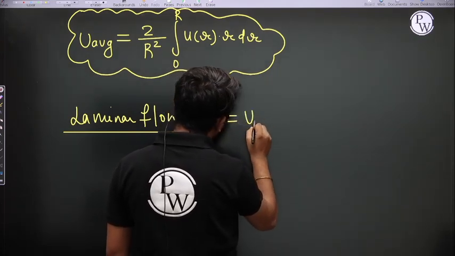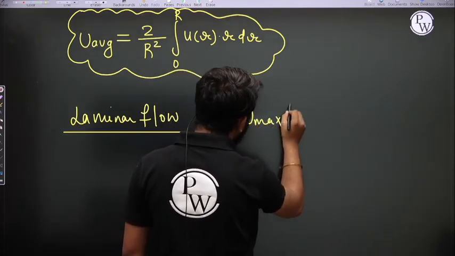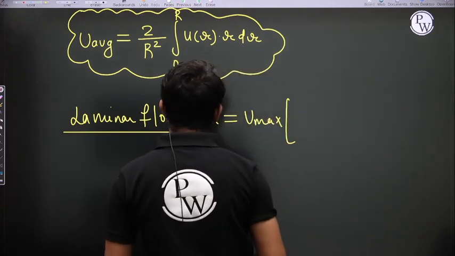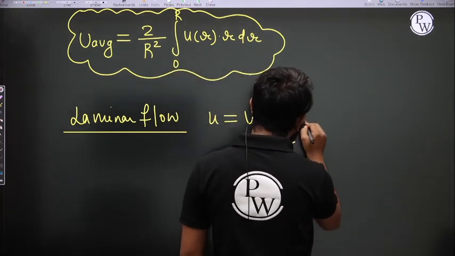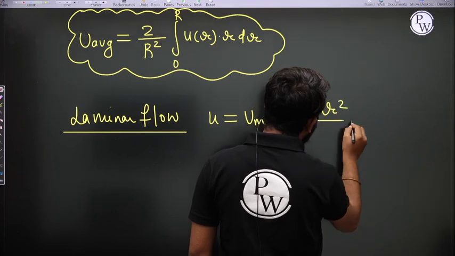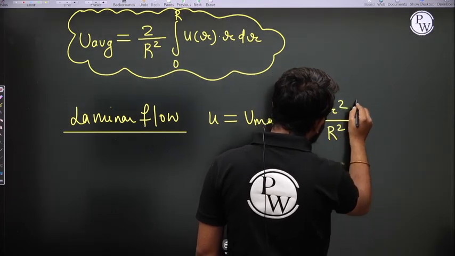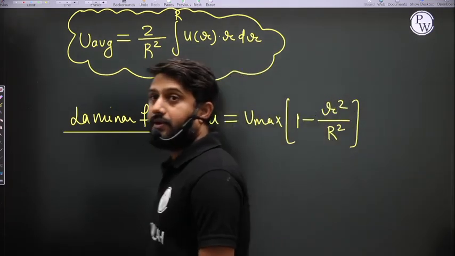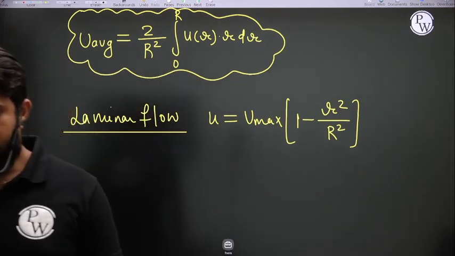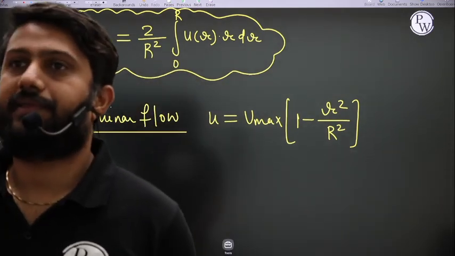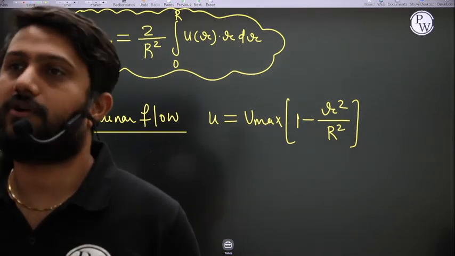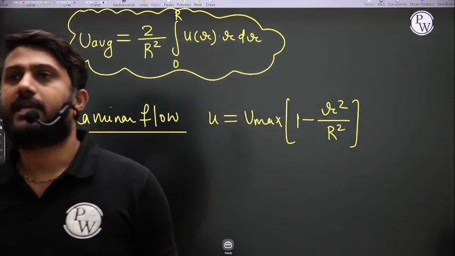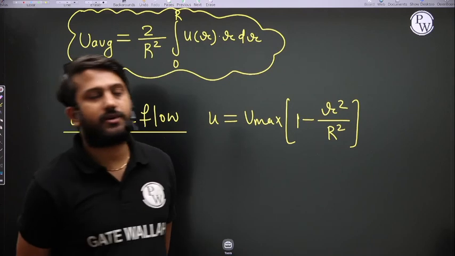How does u change with respect to r? This is the parabolic velocity profile: u is equal to u maximum times 1 minus small r square by capital R square. This is the velocity variation with r in the fully developed region for laminar flow.